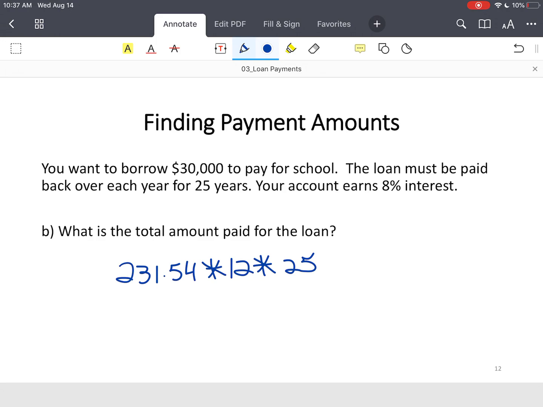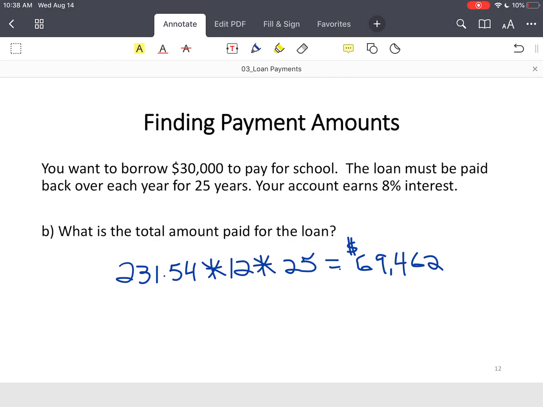Now round to the nearest hundredth, so 2 decimal places. So this $30,000 loan will end up costing you $69,462. And it just happened to come out clean. All right, so that's the total amount paid.